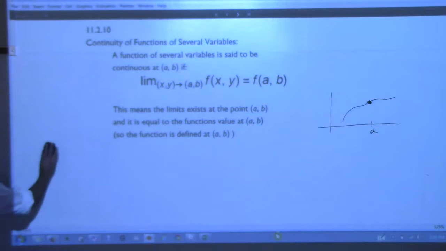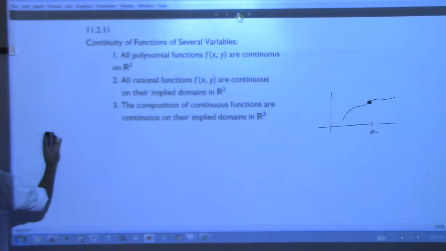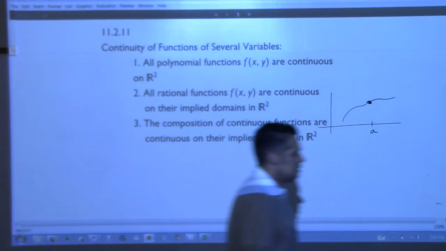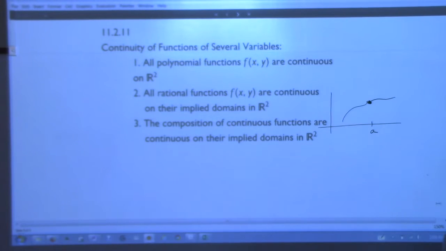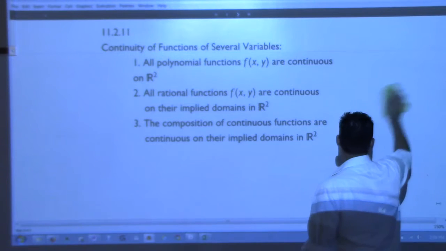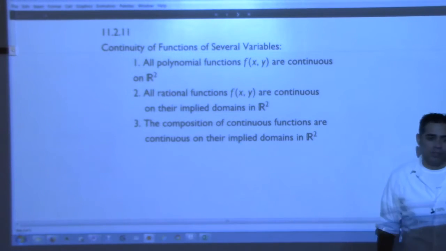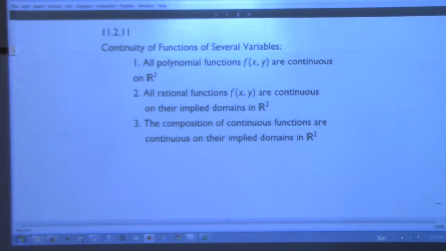But it's okay. We have a nice little result. And it says that we don't have to worry too much about it, that someone else has already proven this for us. Mathematicians have suffered, and they have proven that all of these functions are continuous on their implied domains.